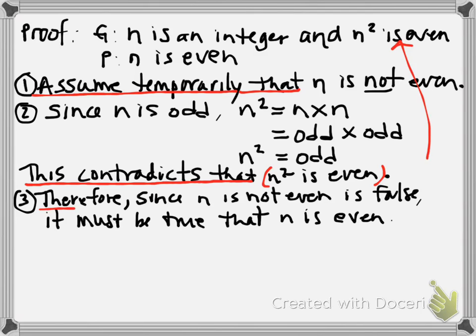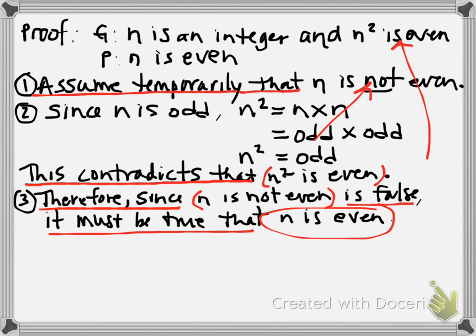And then this: therefore, since, and this goes back to your temporary assumption, is false, it must be true that, and this piece goes back to what it should have been. So what I'm underlining is what I would see in everybody's.